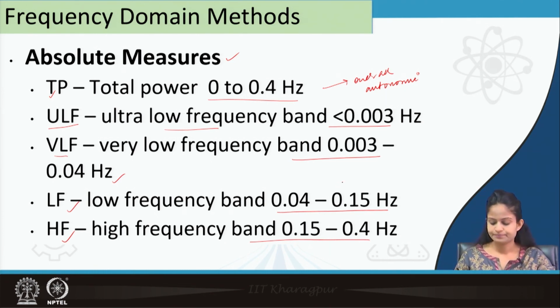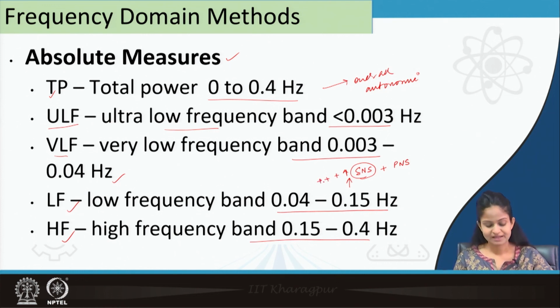Low frequency contributes both sympathetic and parasympathetic nervous system activity, but predominantly sympathetic. The high frequency band, 0.15 to 0.4, is mainly because of respiratory sinus arrhythmia, which is vagally mediated, that is, it is the parasympathetic nervous system contribution. So, these are the absolute measures.